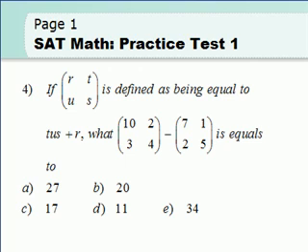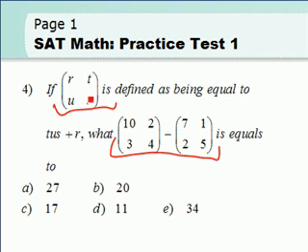Problem number 4. If this expression over here, R T U S, is defined as being equal to T times U times S plus R, what is this expression over here, 10,234 minus 7125, equal to?